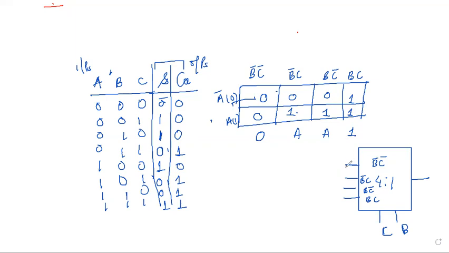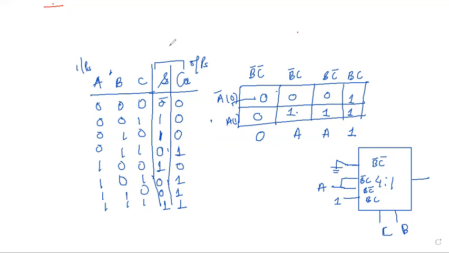So once we get these logic levels, I'm going to connect the first, B bar C bar, to ground, that is logic 0, B bar C to A, BC bar to A, and BC to logic 1. So this is the implementation of carry.